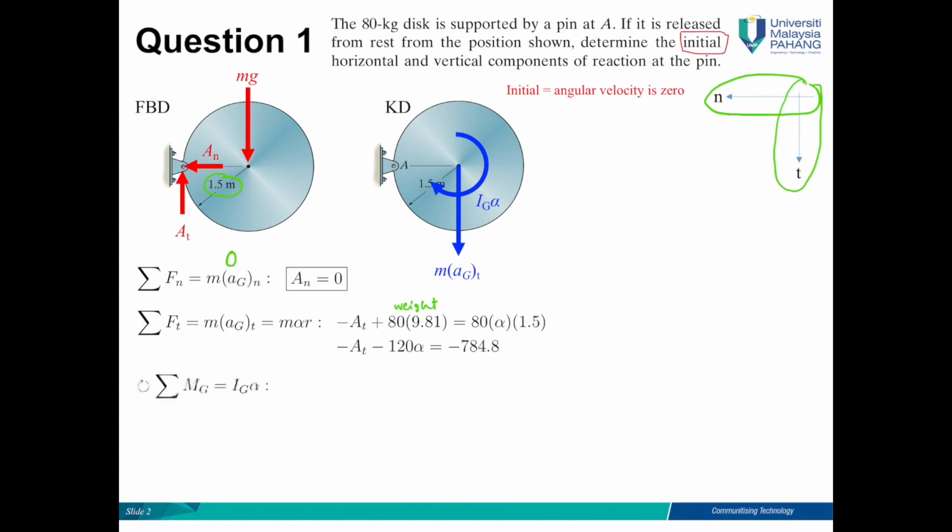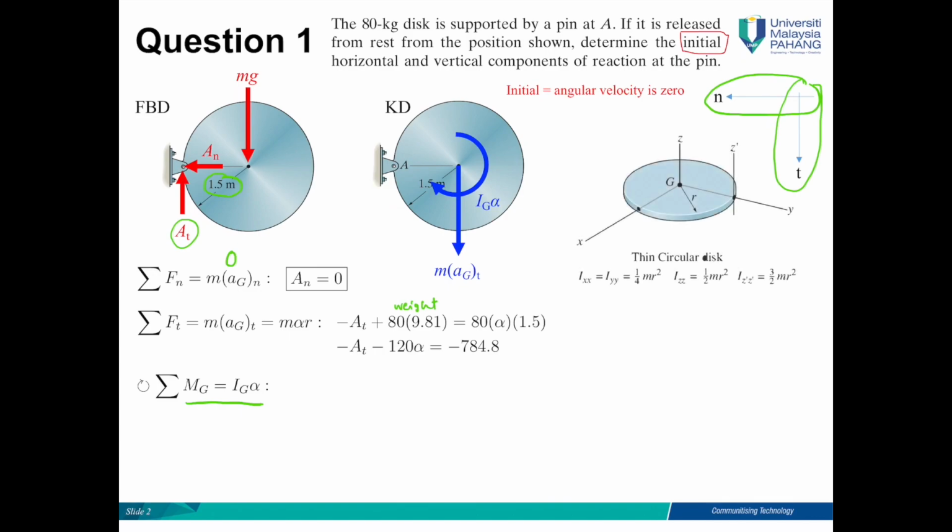So now we would like to calculate the moment about G. We can do moment about A as well, but now let's just focus on calculating moment about G, because we want to know what is the value of AT. If we calculate moment about A, then there is no AT involved.